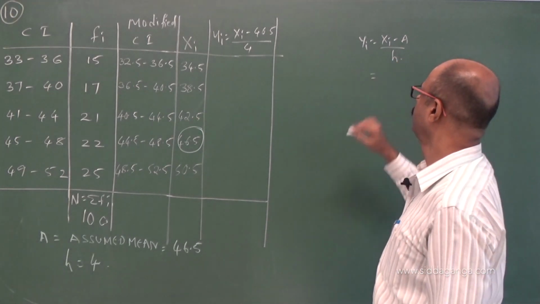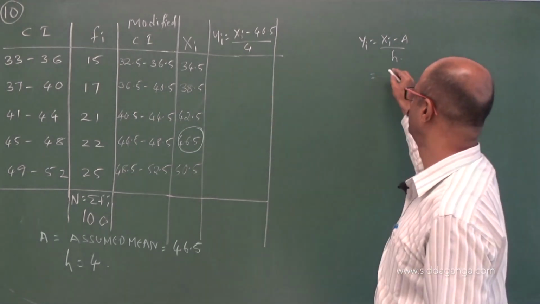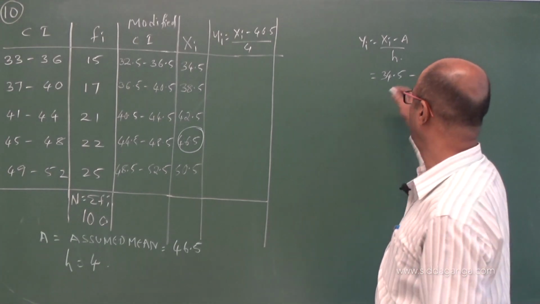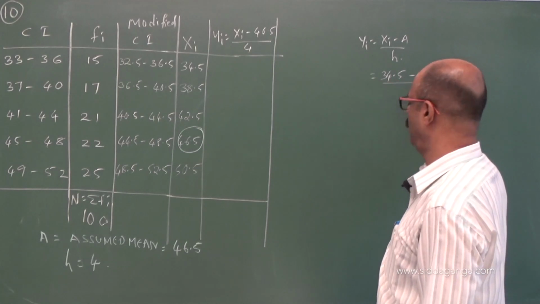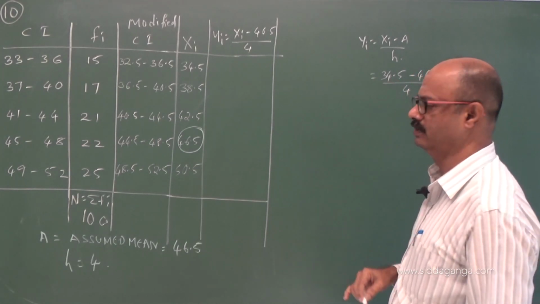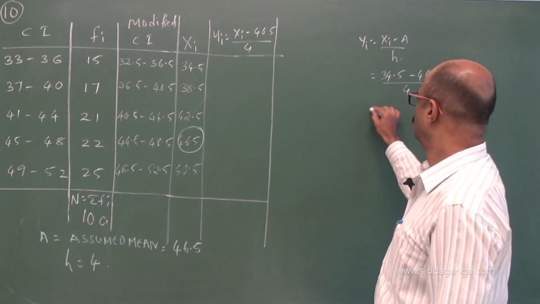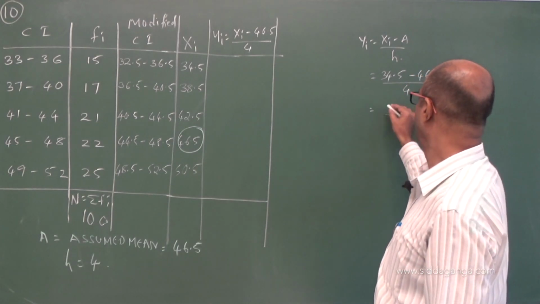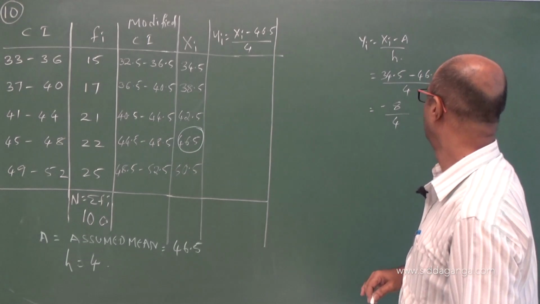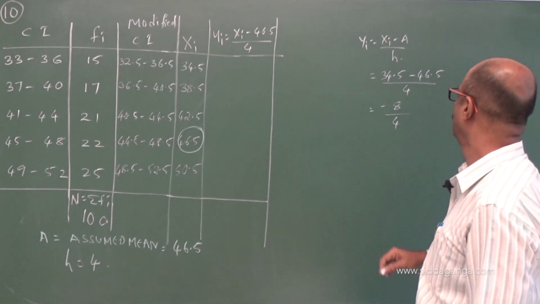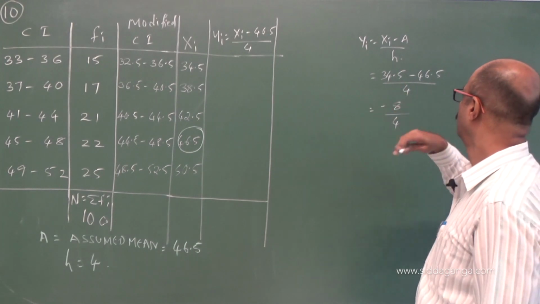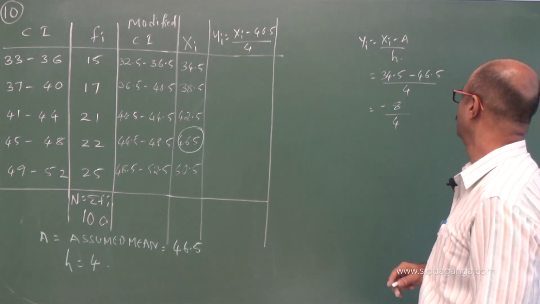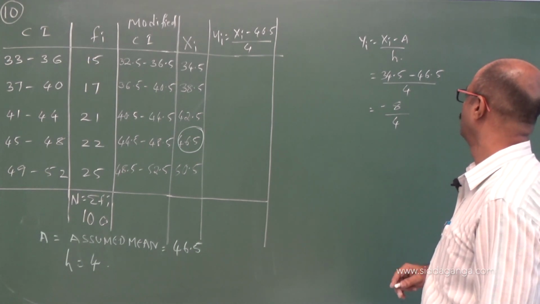So for the first one, xi is 34.5, substitute 34.5 minus, the value of A is 46.5, divided by h is 4, like this. So denominator 4 remains as it is. You will get minus h. 34 plus 6, you will get 40.